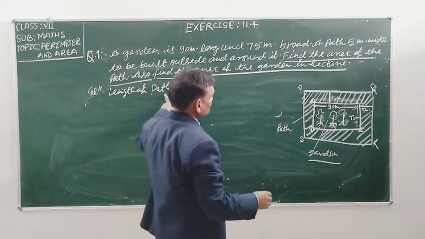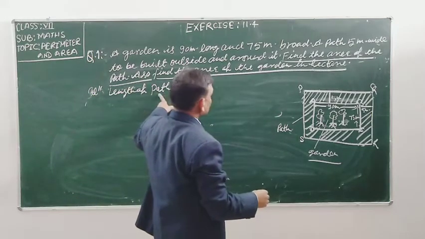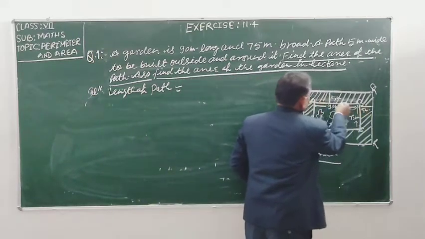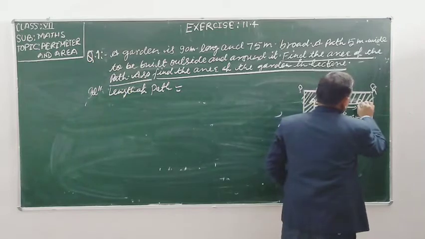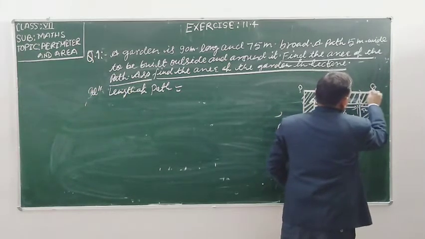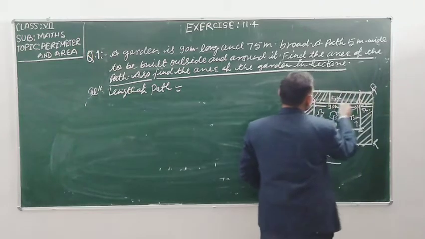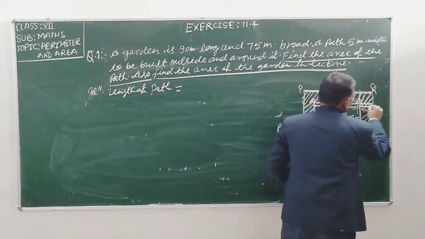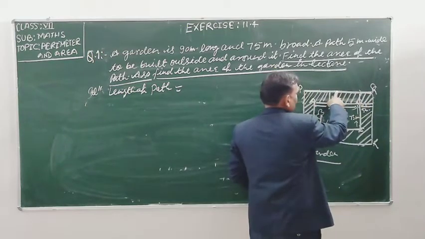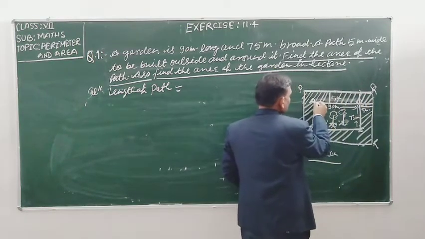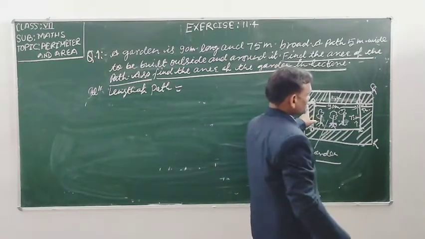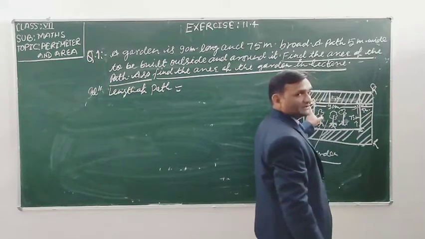Length of the path is, this is the 90 meter, and 5 meter of this distance is increased to the right side, which means 5 meter length will be increased in 90 meter, and 5 meter to the left side also. 5 meter distance will increase to the left side.